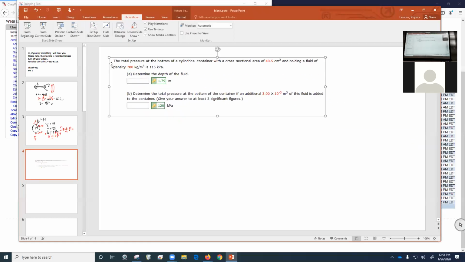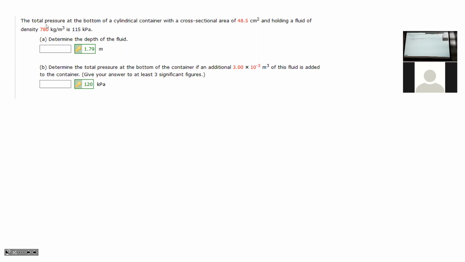Total pressure in a cylindrical container. So we have a cylinder, and right here we've got total pressure. We know the area and the density of this.